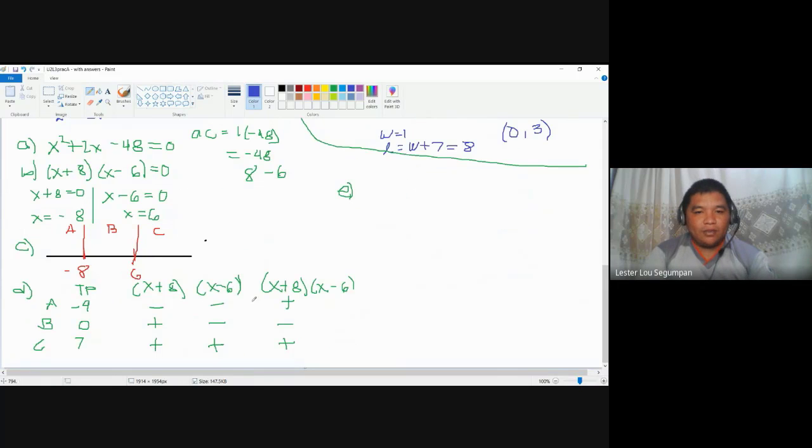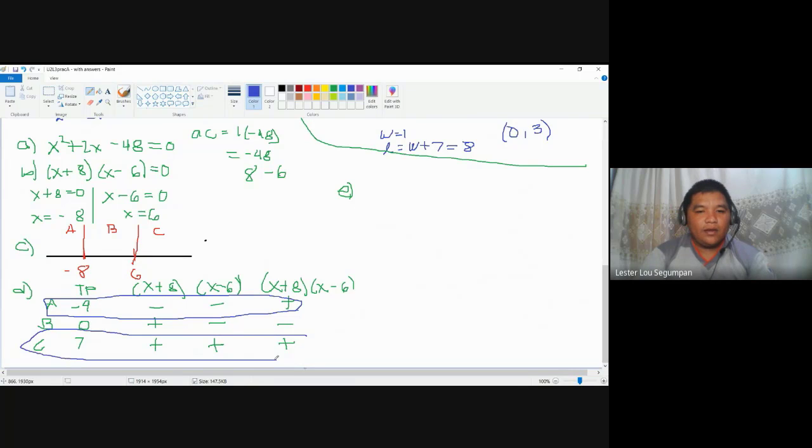So you're asking about the positive values. We're talking about region A and region C. So the values here are x less than or equal to -8, or x greater than or equal to 6. So these are now the values.